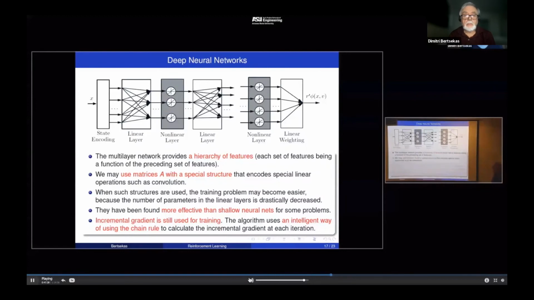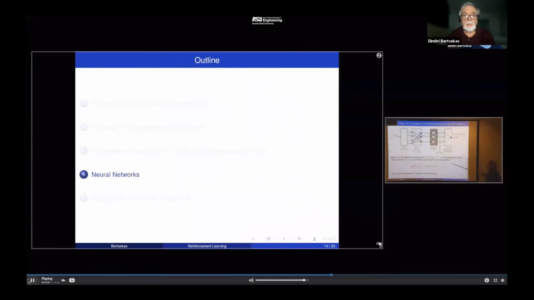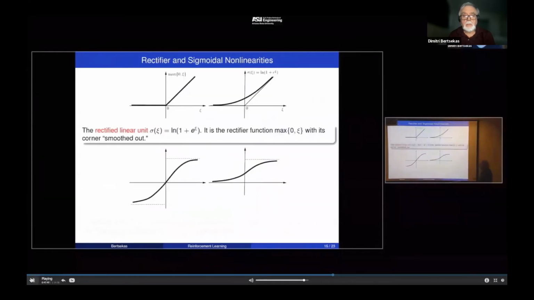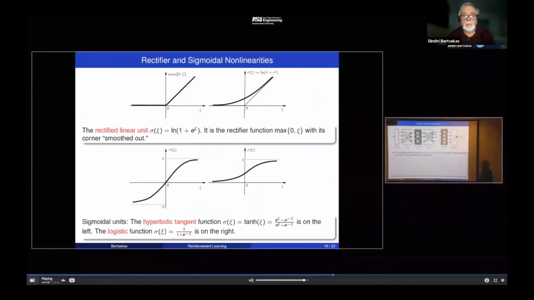Okay, so here we are with neural networks. This is the one-layer network. The idea is to generate features. Incremental gradients are used. Universal approximation property holds. There are several different kinds of nonlinearities.